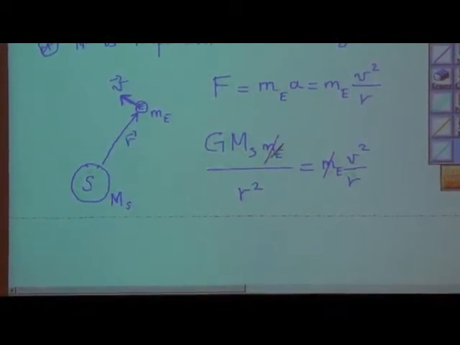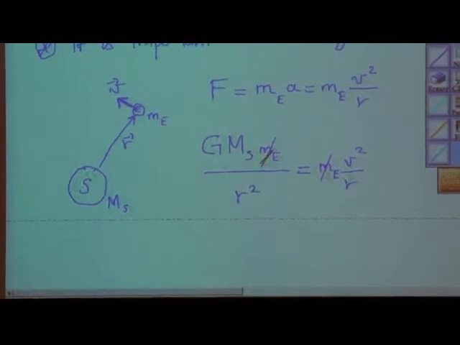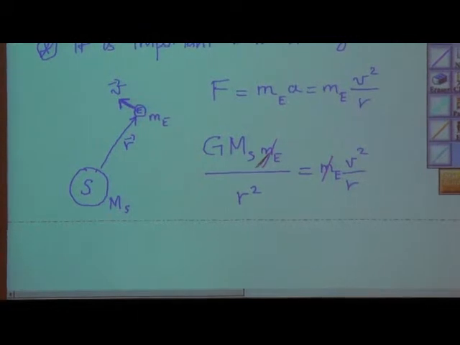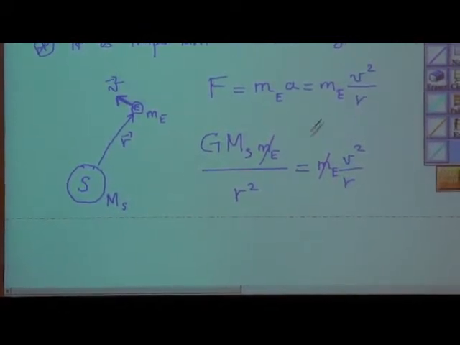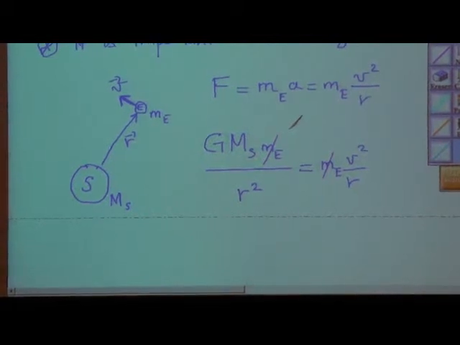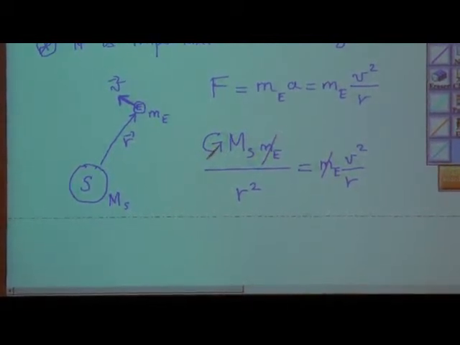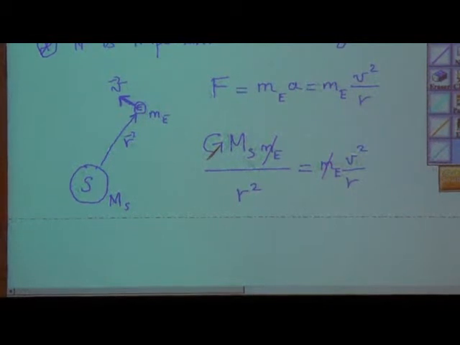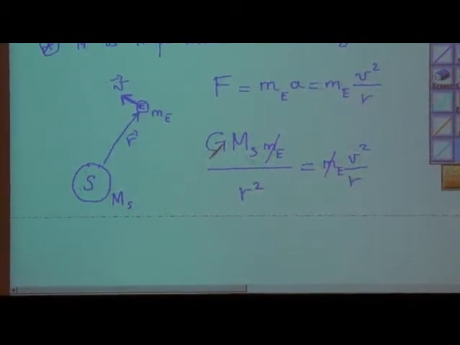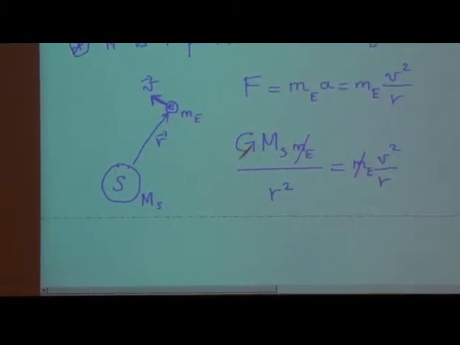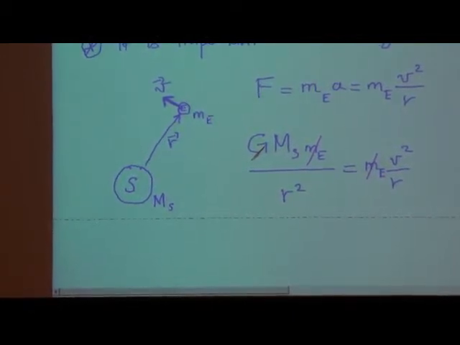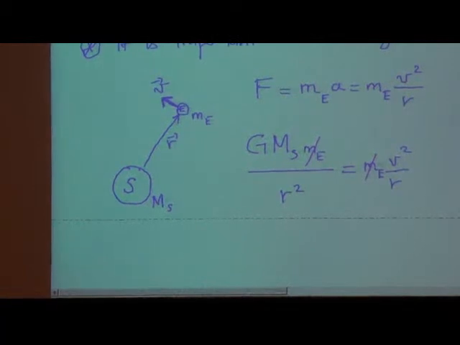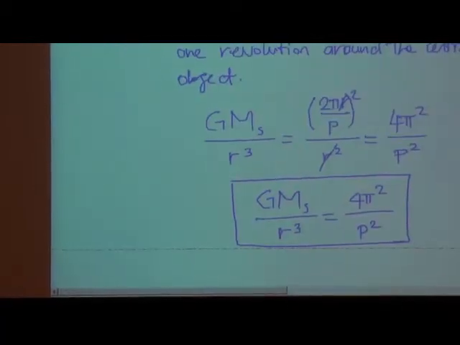And what we have here in the gravitational force is the gravitational mass. And at this point here, we see that they cancel each other. They are the same. Inertial mass and gravitational mass are both the same. Any questions?